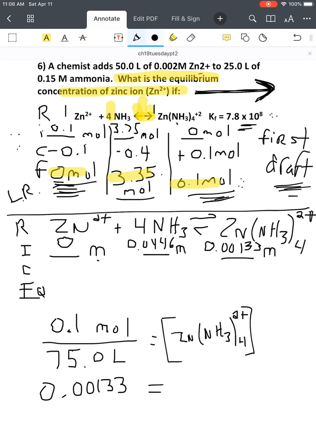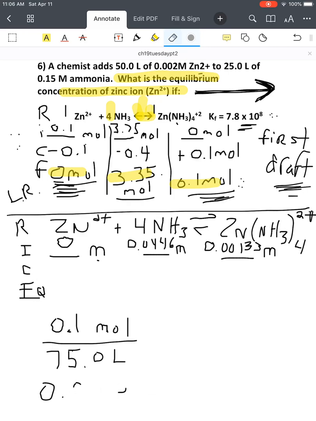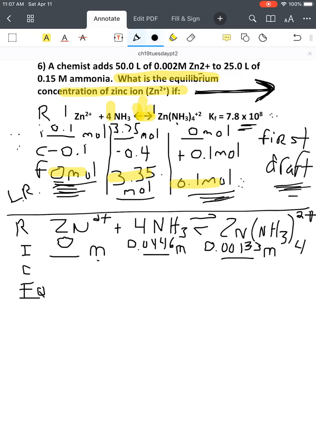All right. So far so good. We've written our reaction, and we've written in the initial concentrations in terms of moles per liter for all of the substances present. Those molarities, of course, resulted from our first draft.